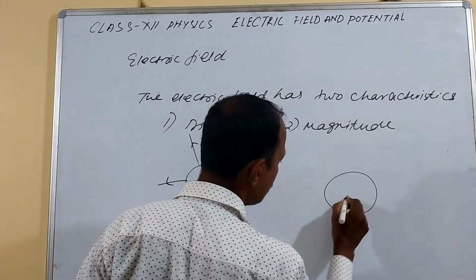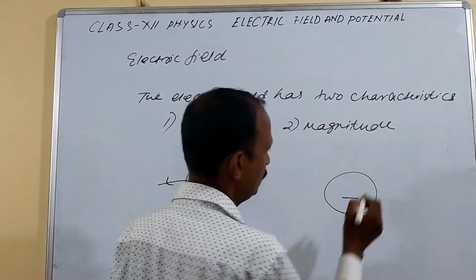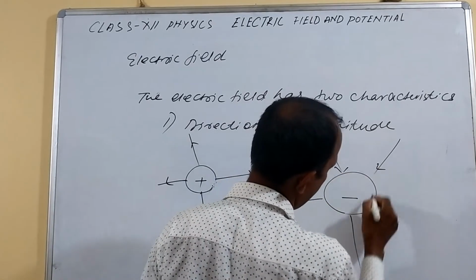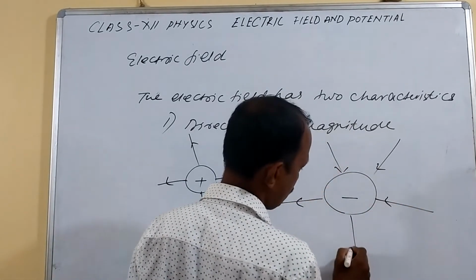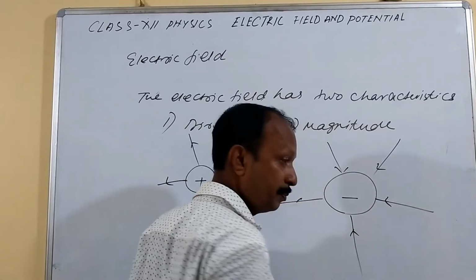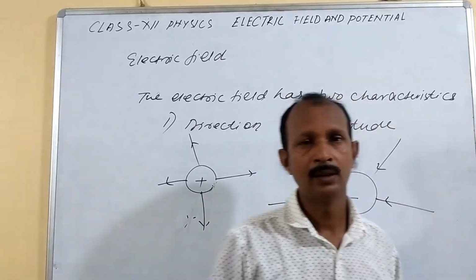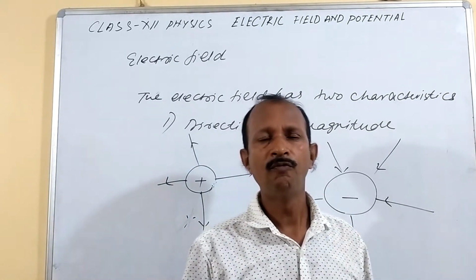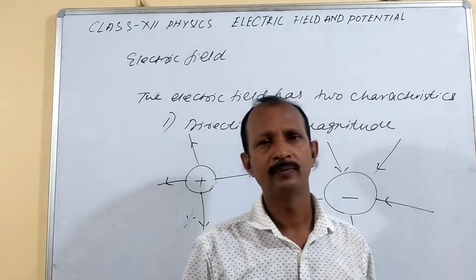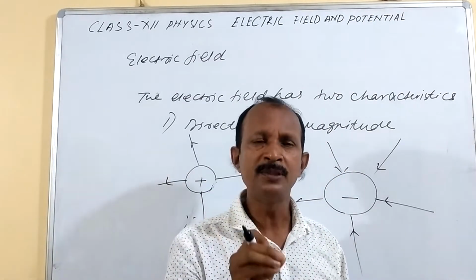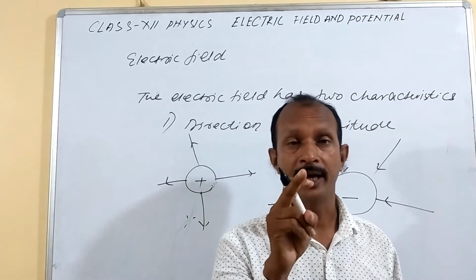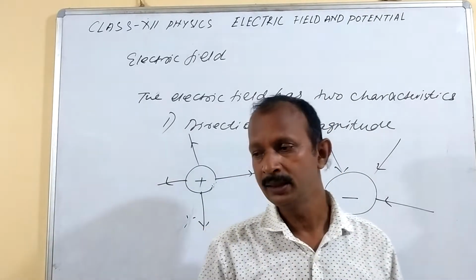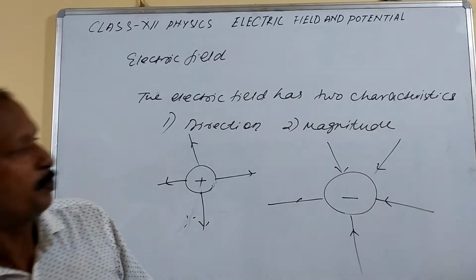If the charge is negative, its direction is inwards. Why is it like that? Because the direction of the field is the direction of force experienced by a positive charge which is placed in it.